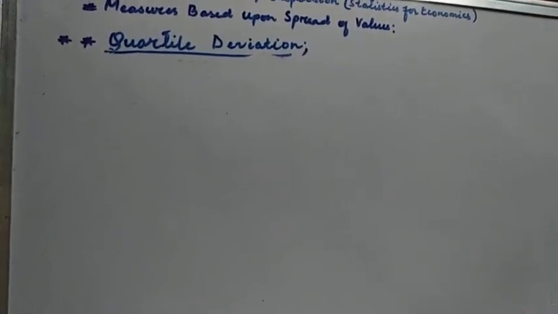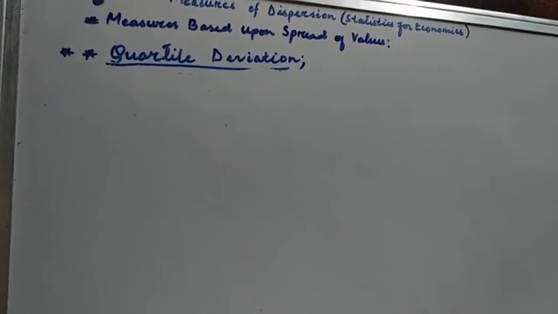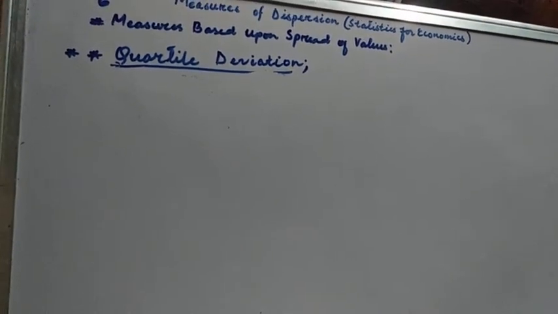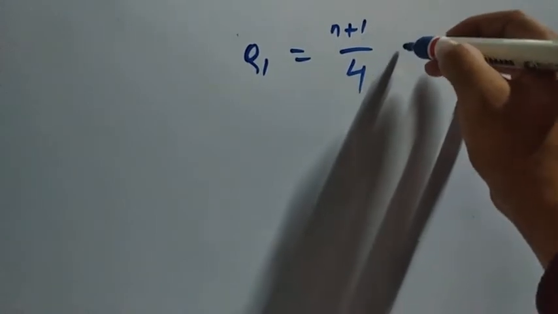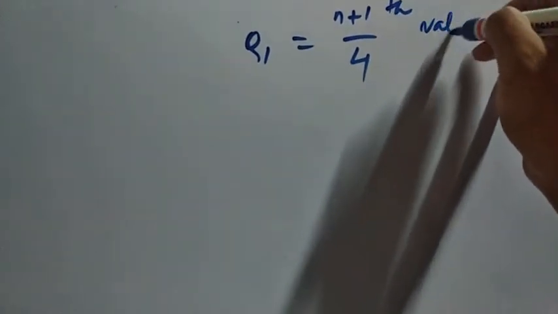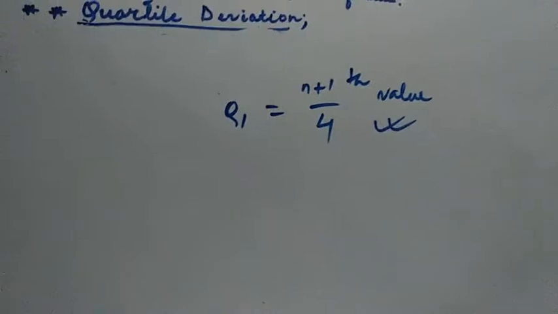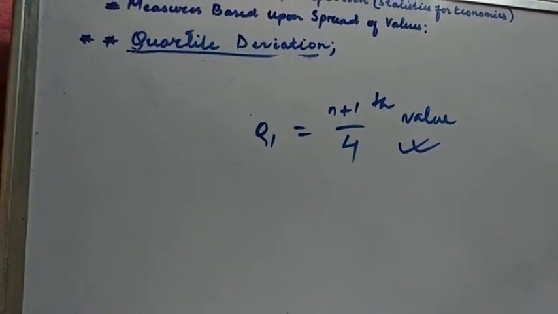For an individual or a discrete series, the Q1 size can be found out by the (n plus 1) by 4 value. So this is the case of individual or discrete series.